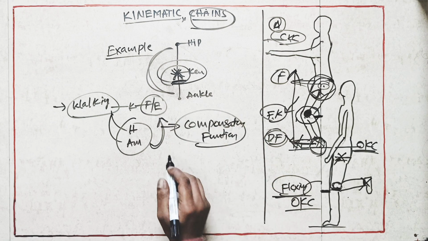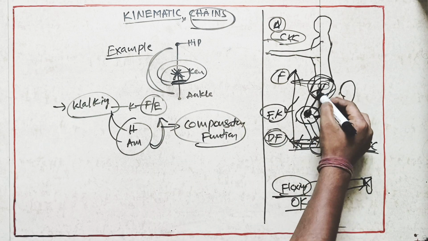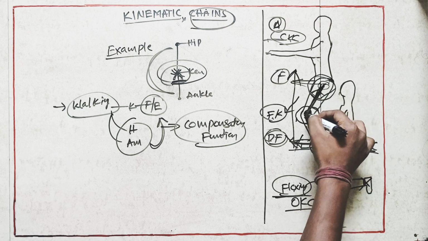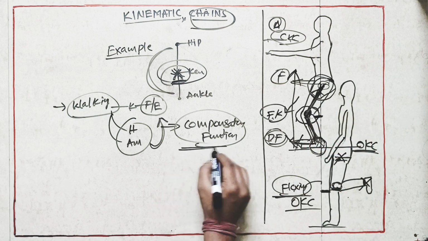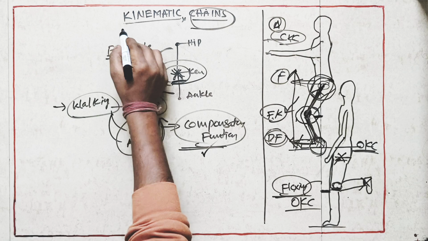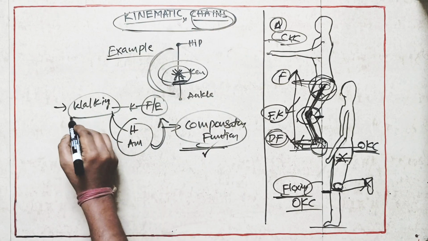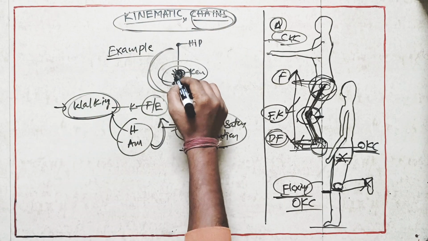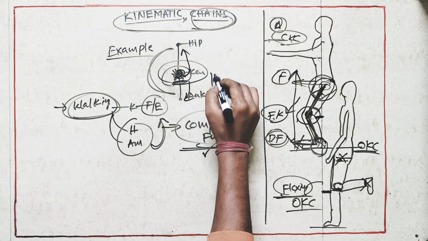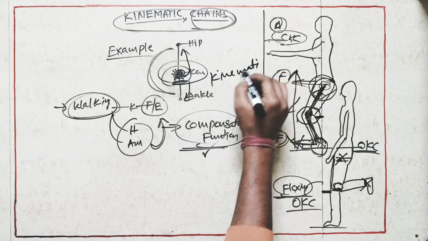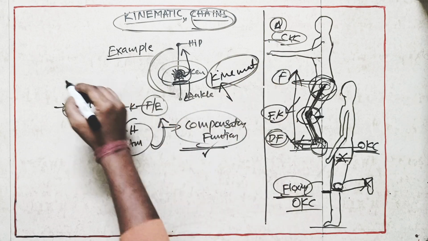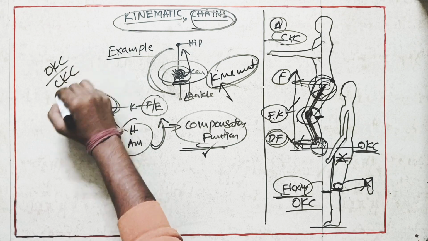It is going to help because of this closed kinematic connection. So why should we study kinematic chains? We should understand which joint is connected to which joint kinematically. This is the purpose why we have to see open kinematic chain and closed kinematic chain.